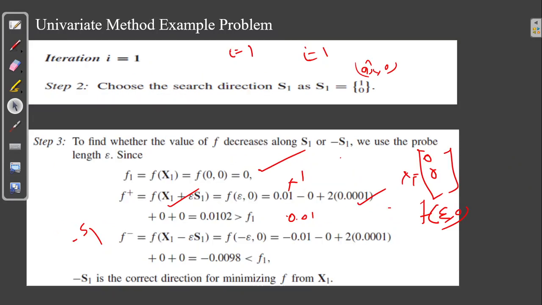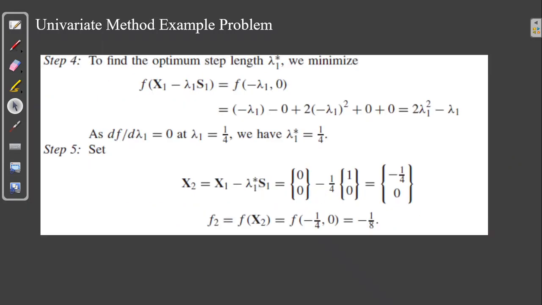And then you have to find the optimum step length, lambda 1 optimum. For that, s1 we have fixed, it is minus s1 you have to choose.